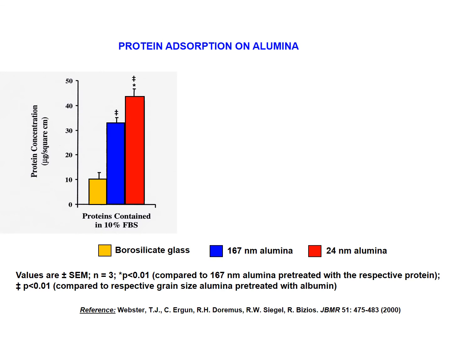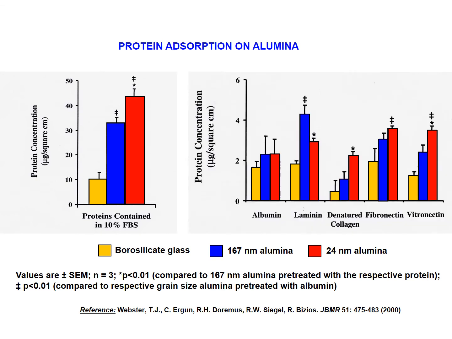When now individual proteins, one at a time, were taken and its adsorption was studied on these two types of alumina, keep in mind, only difference in the grain sizes, not in the chemistry. All of these substrates are ceramics alumina. The blue bars represent adsorption of these proteins on conventional alumina.